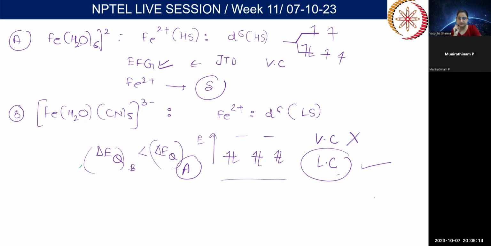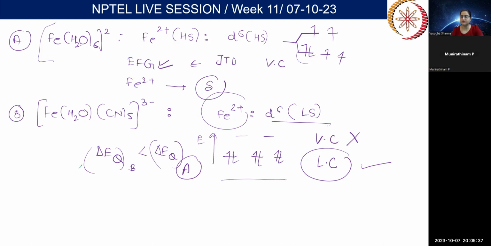Say for example, if I was having this A, [Fe(H2O)6]2+, I put the electrons in a high spin manner, but similarly Fe in +2 in this complex, I put it as low spin. What is the reason behind giving it as low spin and that as high spin?